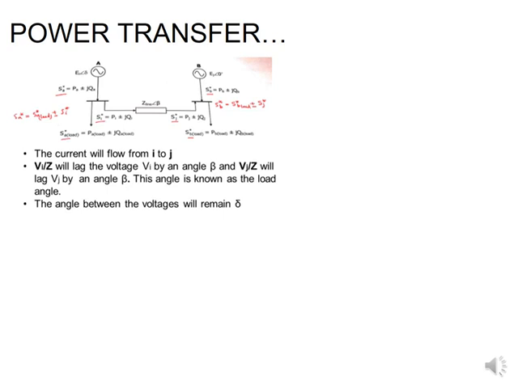So then at the bottom, you can see that you have got a load coming out from A and you have a load coming out from the bus bar that is sitting at B. So that load at A would be my SA load, which is equal to my PA load plus JQA load. And the one at B would be my SB load is equal to PB load plus JQB.